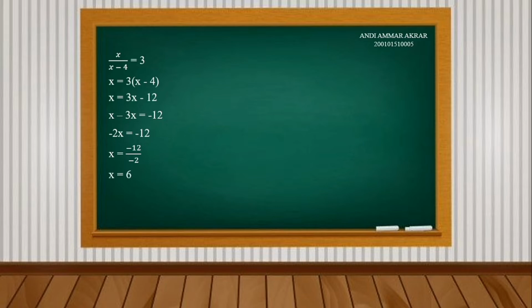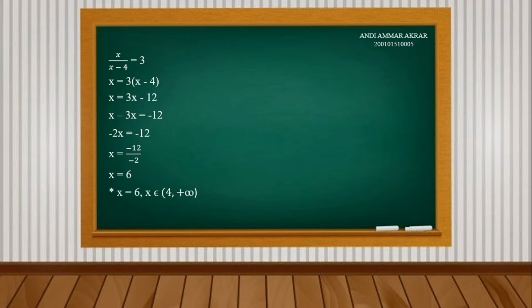Keep in mind that at the beginning we determined the domain of this problem, which is x greater than 4. And because 6 is in the domain, then x equals 6 fulfills our domain, and our answer is correct.